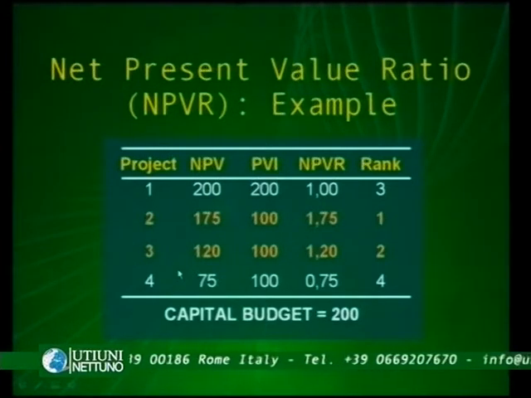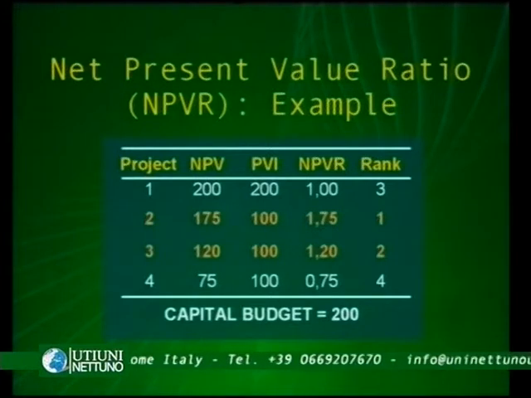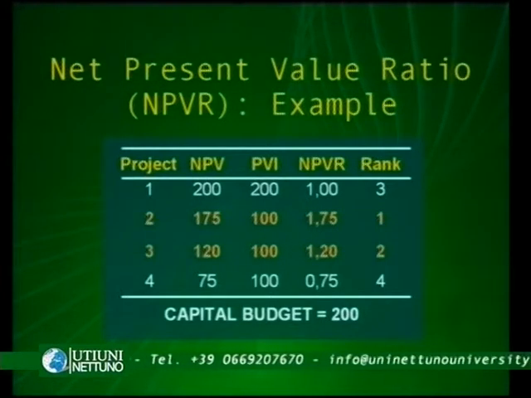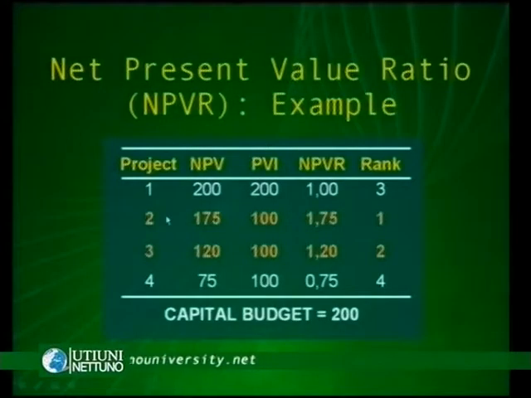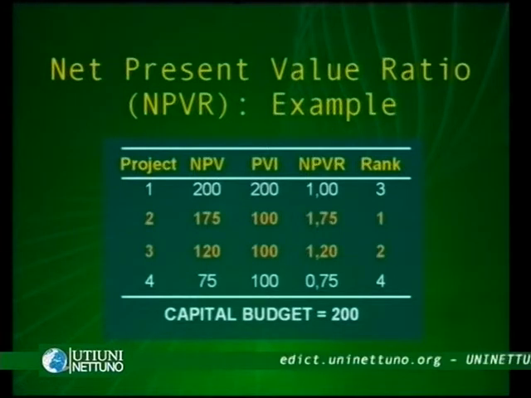However, this ranking does not account for the fact that these projects require an initial investment. So the PVI, that is the present value of investment, is different for each of these projects. And in particular, Project 1 requires double the resources required by the other 3 projects.